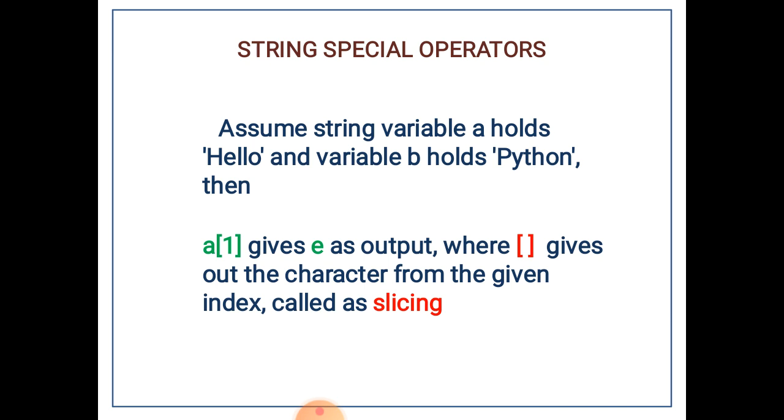Here, a of 1 gives e as output. That e is the second letter in hello. H stands at a of 0, e at 1, the first l at 2, the second l at 3, and o at 4. This is called the concept of slicing.